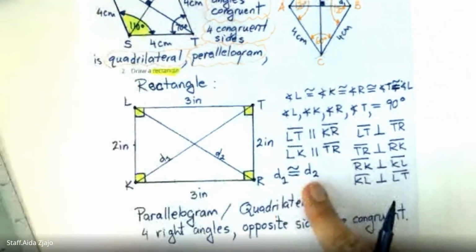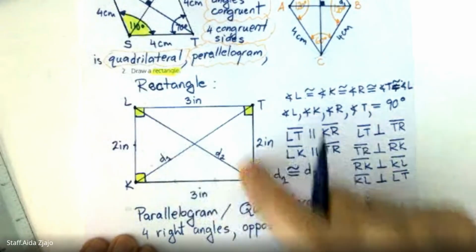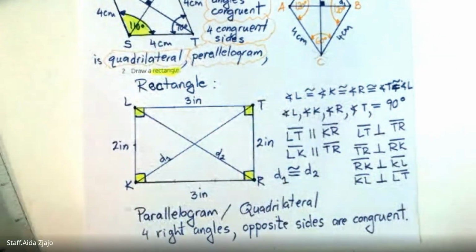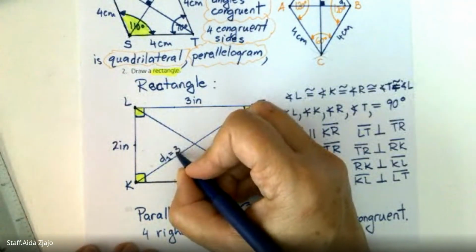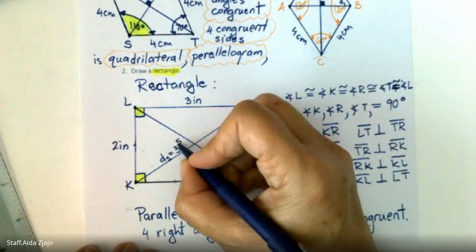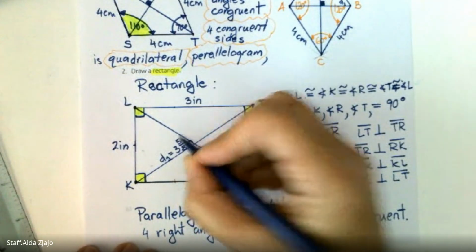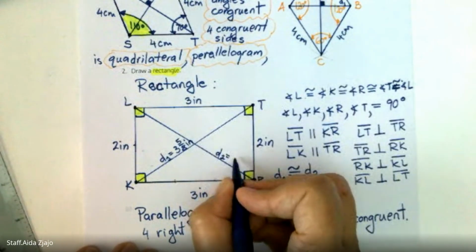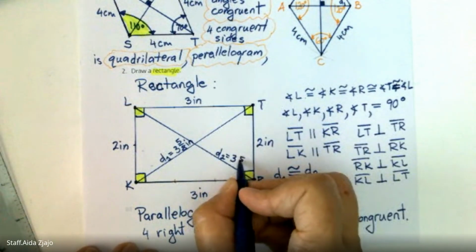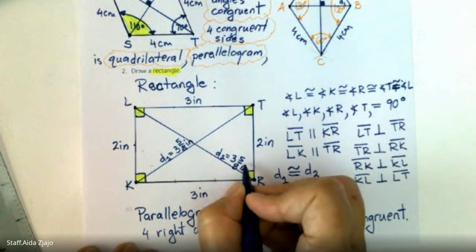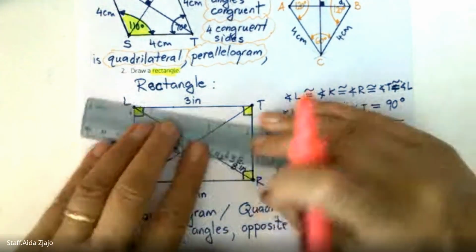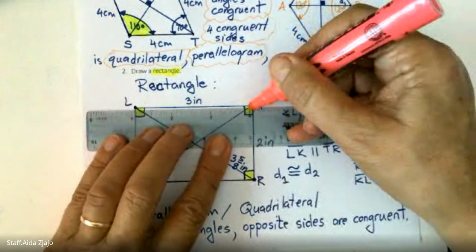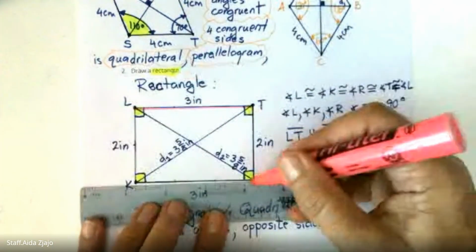So that means they are the same. This is the same as this. I measured them, I think it's 3 and 5/8 inch. And also this one is 3 and 5/8 inch. So just to be more precise. You can also, if you like to see, this is parallel to this.